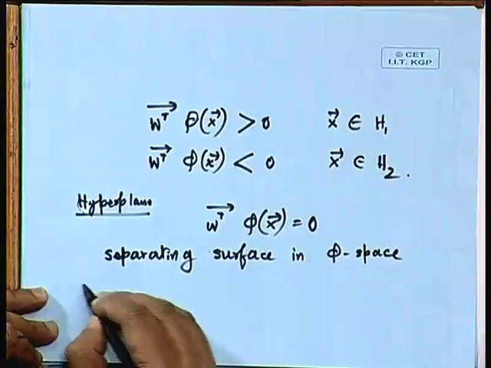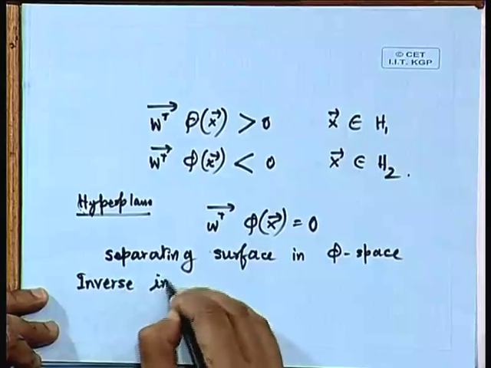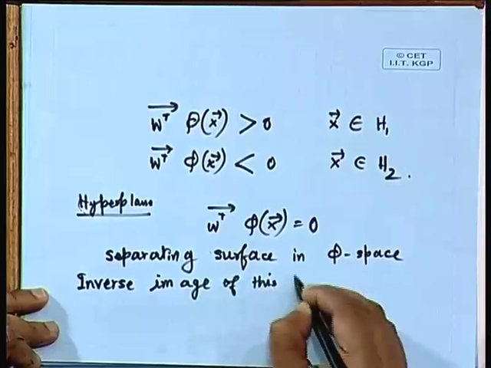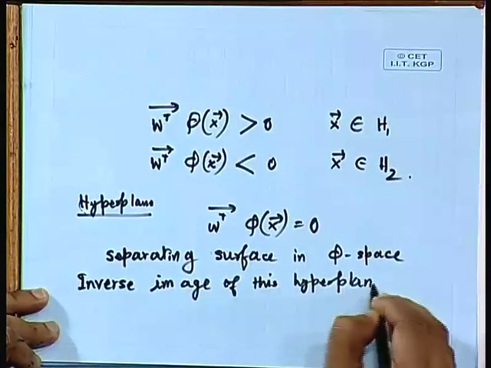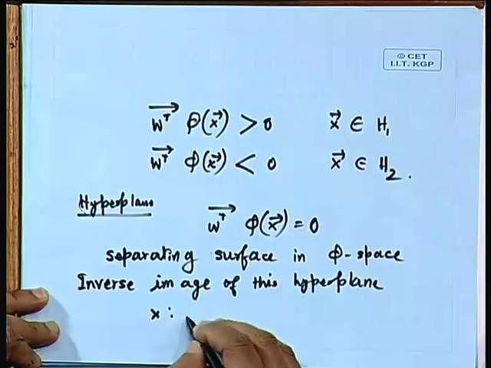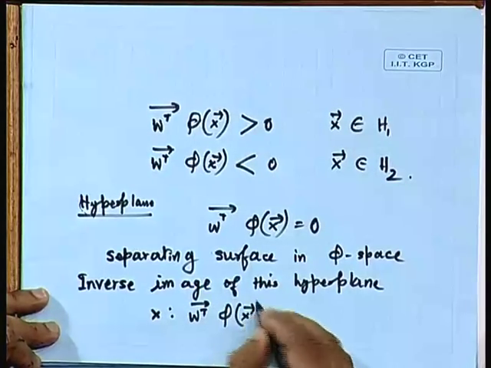So, the inverse image of this hyperplane will be written as x mapped to W transpose phi x equal to 0.